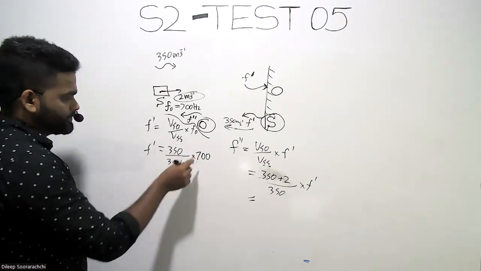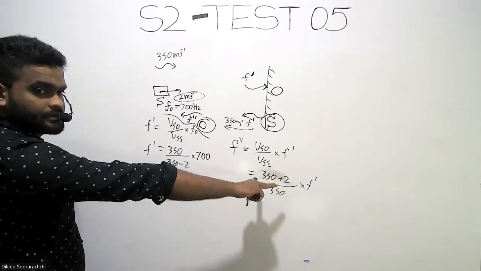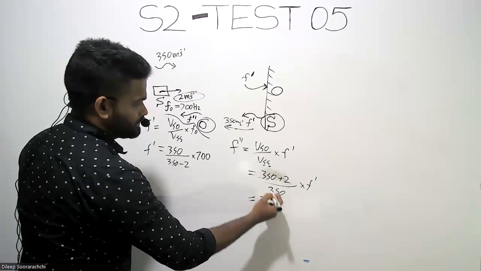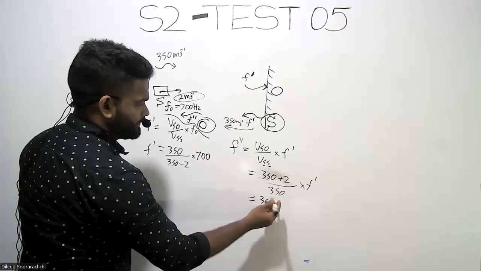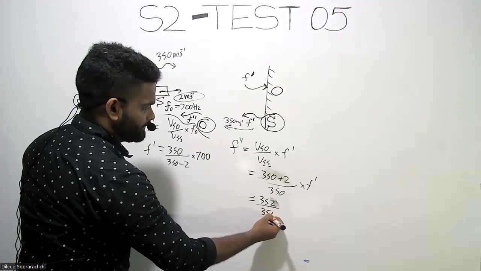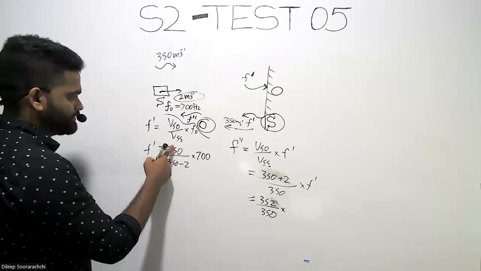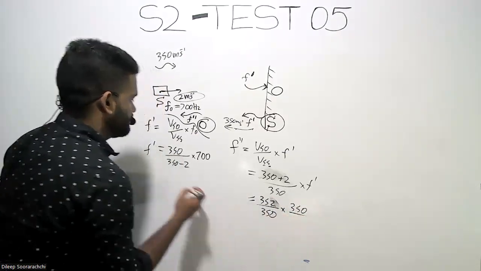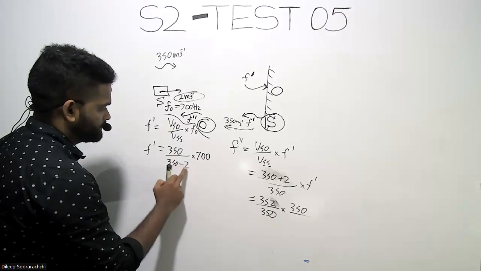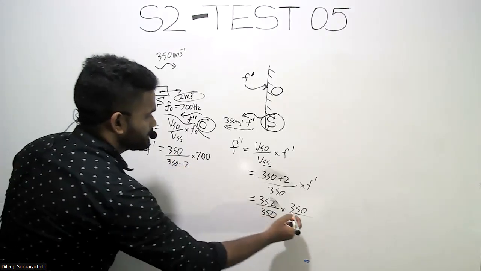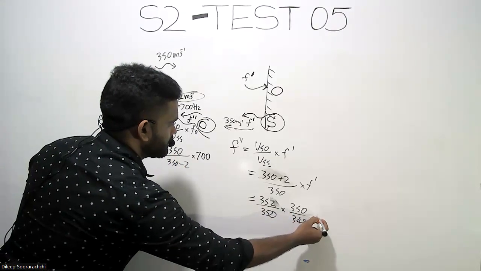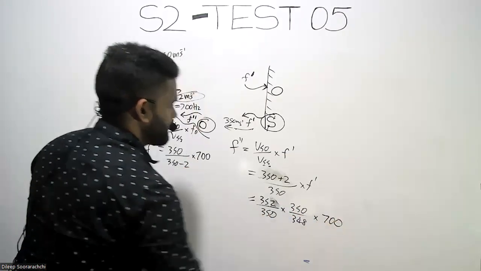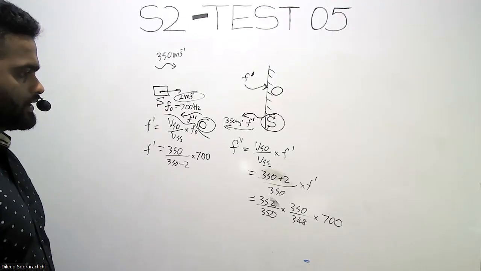So we got an expression for f dash. I'll just substitute it here. So I'll put it like 352 over 350. F dash is this much. 350 divided by, if you subtract this, 348, times 700.